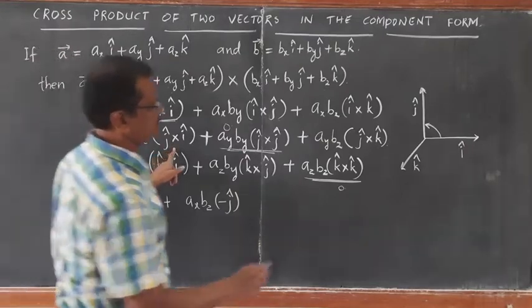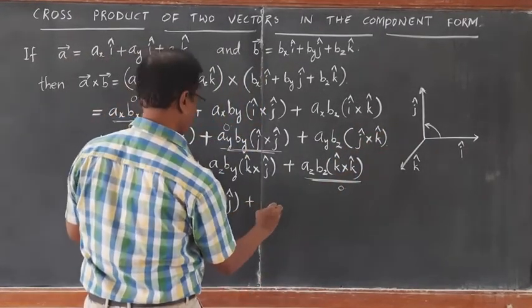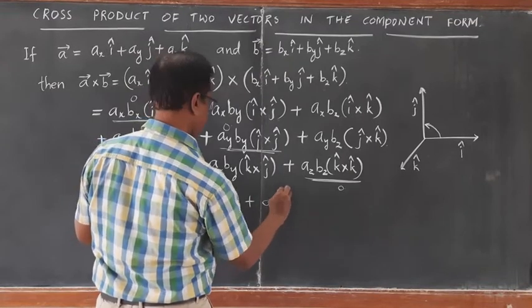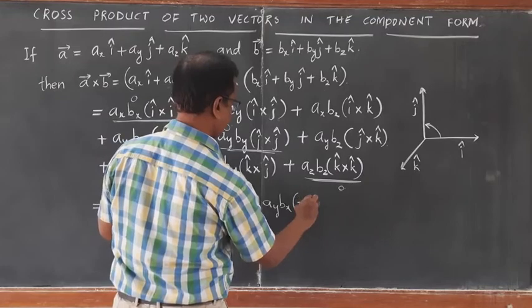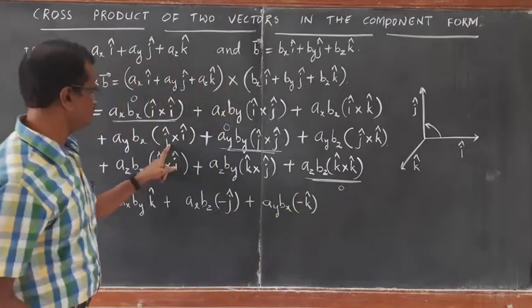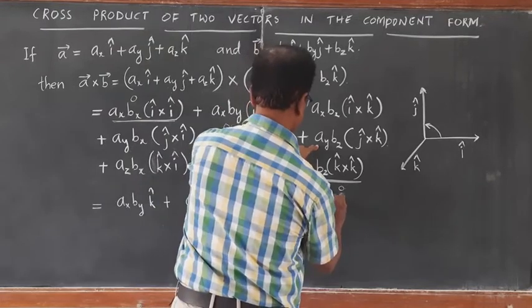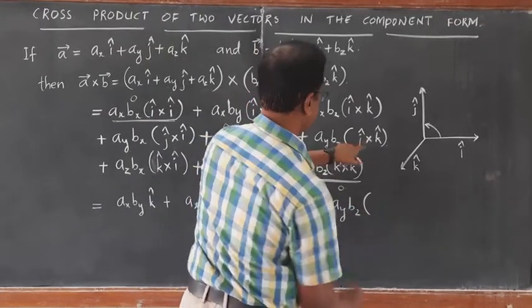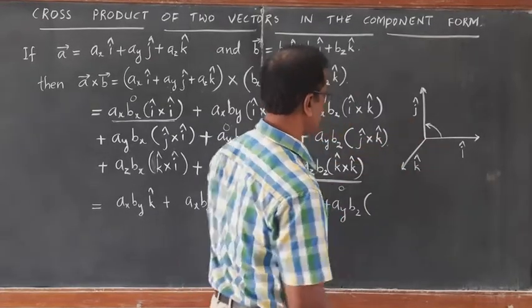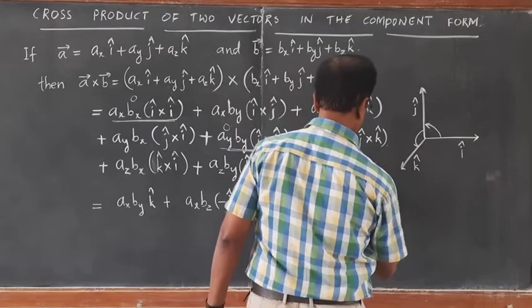j cross i gives you minus k, plus ay bx minus k cap. So you have to be very particular about this sign. Then plus ay bz into j cross k. j cross k gives us i, positive i.